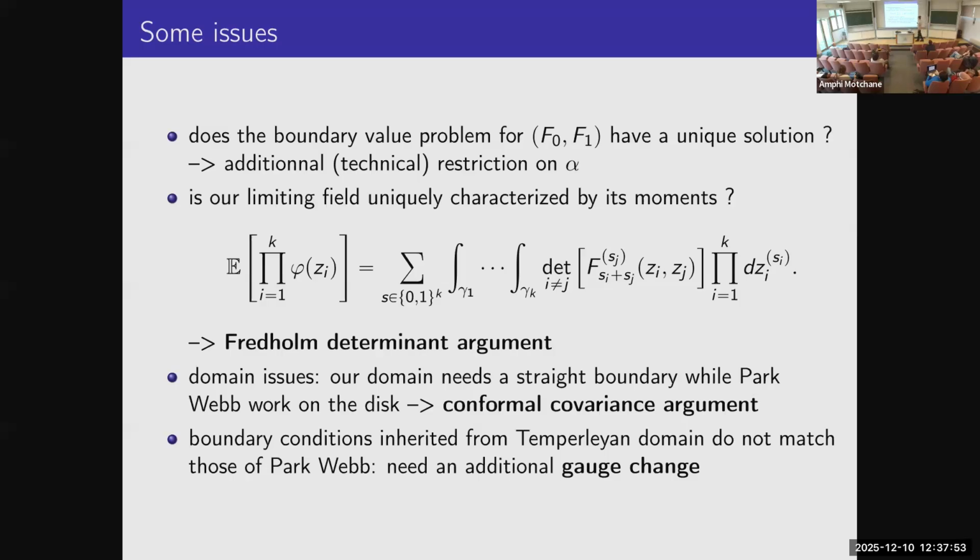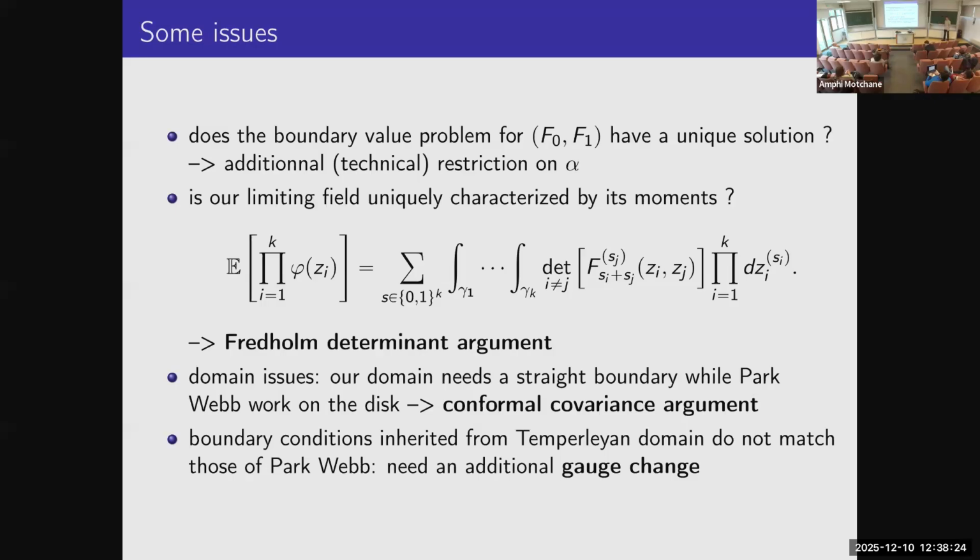We also have some issues with the domain because, as I told you, for our results we need a domain which has a straight boundary, and Park and Webb prove the result for the unit disk.